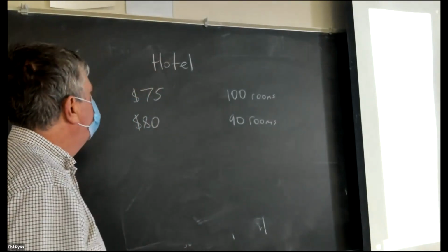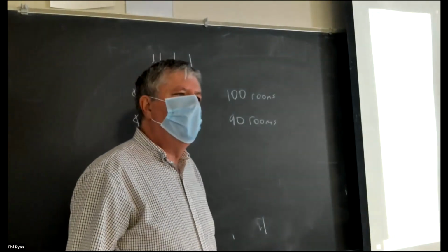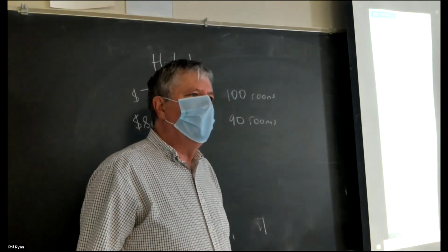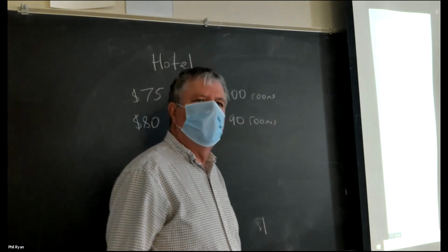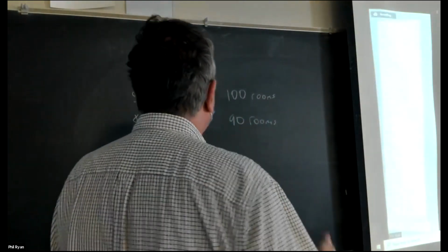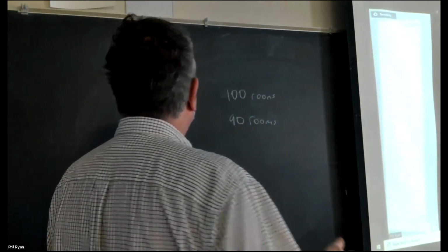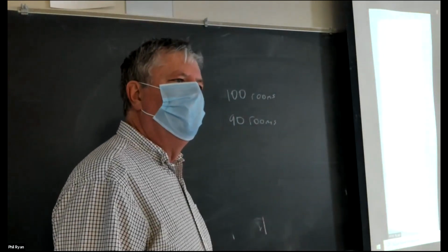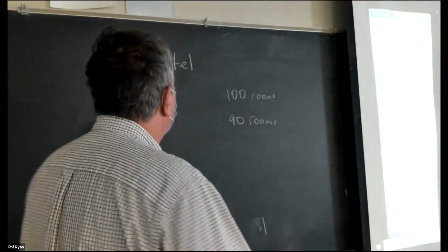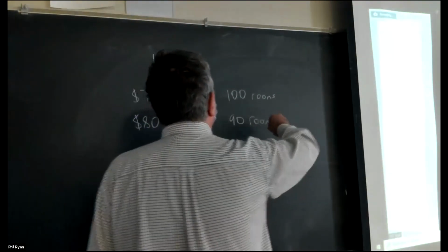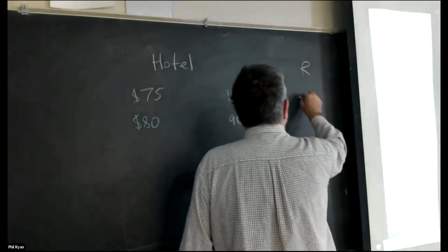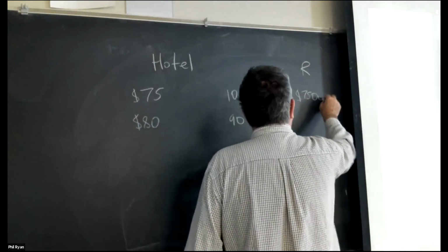If we've got a hotel, basically what we want to do is maximize our revenue, right? Because we want our hotel to be full up. Our costs are usually pretty fixed, it doesn't really matter that much how many rooms. So let's have a look at revenue. This is easy. We get $7,500.